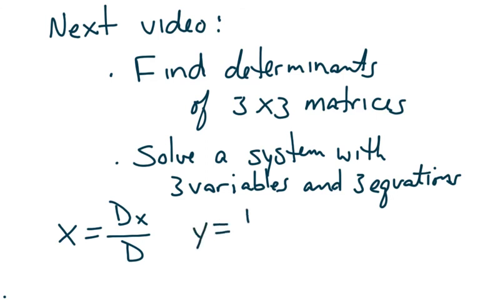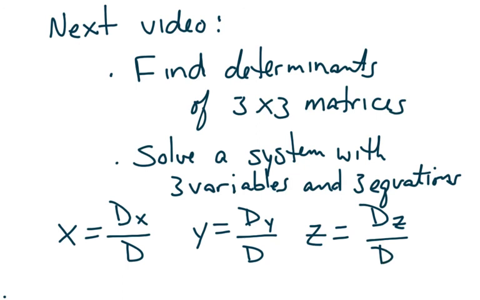Y is going to be found by taking the determinant when we change the y column, over the coefficient matrix. And z is going to be the determinant of the matrix when we replace the z column, all over the coefficient matrix. However, calculating the determinant of a 3 by 3 is a little bit more involved than what we just had to do here with the 2 diagonals. So we'll practice that in our next video.